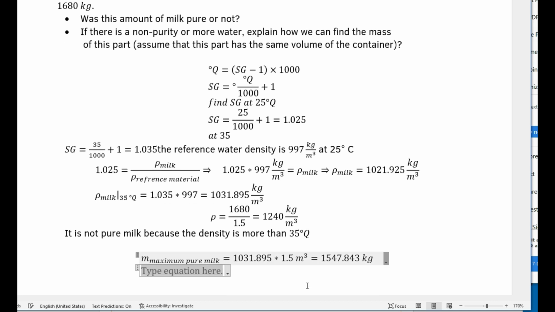Now the mass of the non-pure part equals the total mass minus the mass of this pure milk.